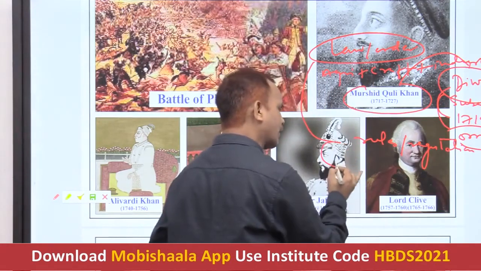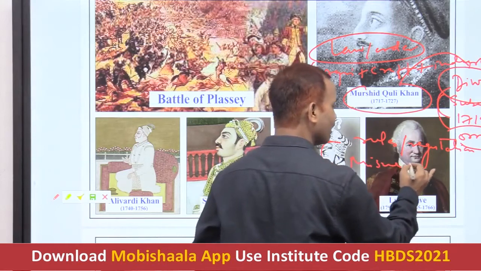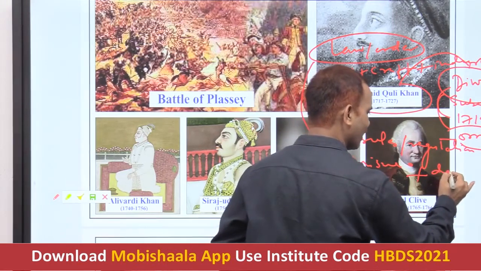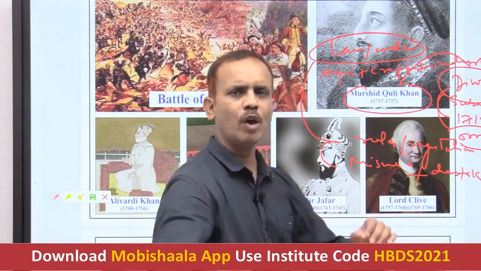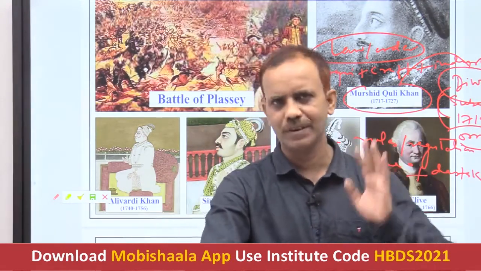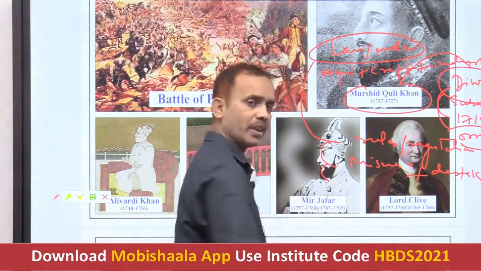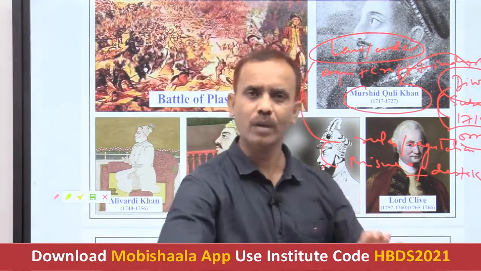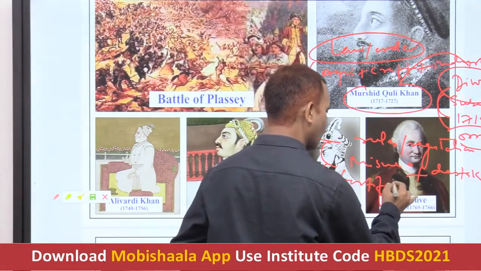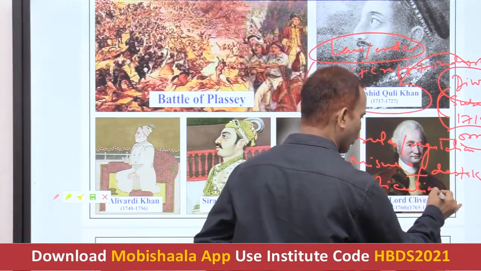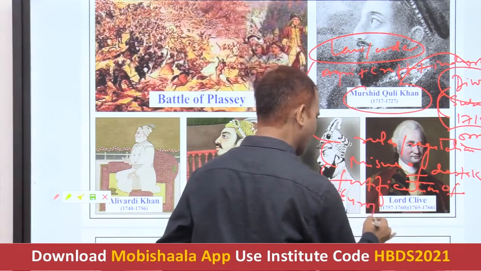And he also checked the misuse of dastak. That was a trading privilege got by the British company from the Mughal emperors. And he also put restriction on the fortification of European settlements in Bengal.